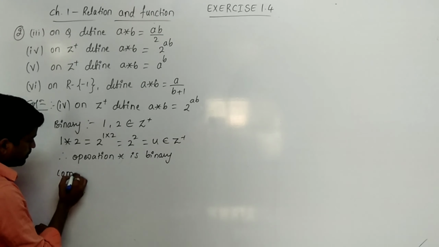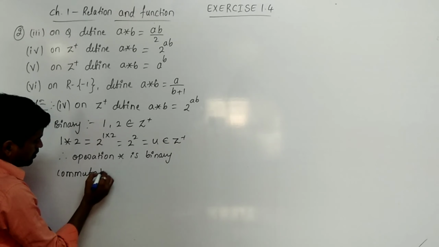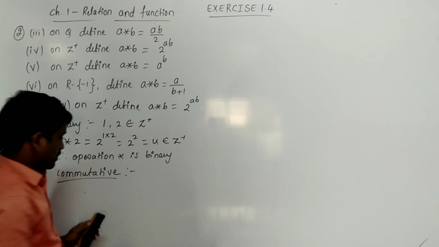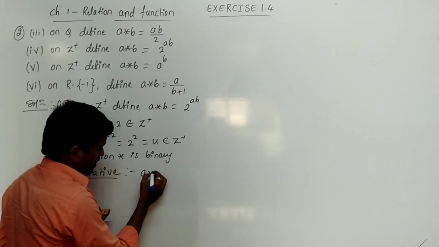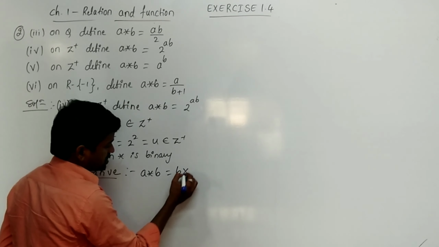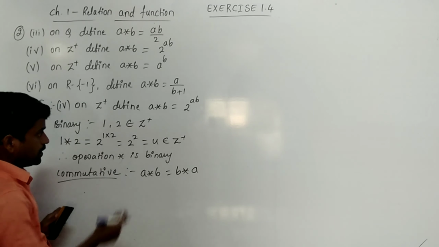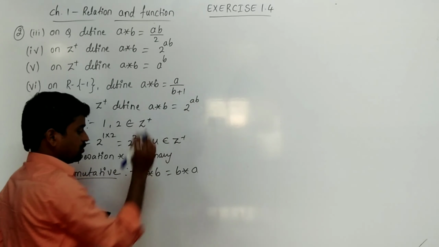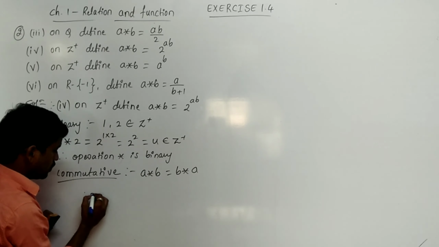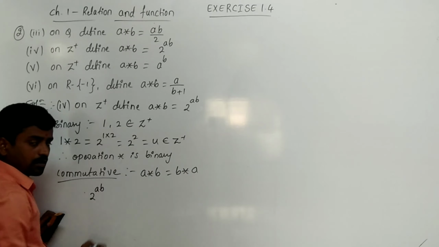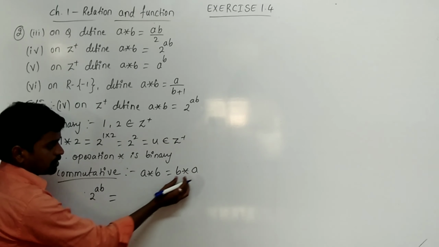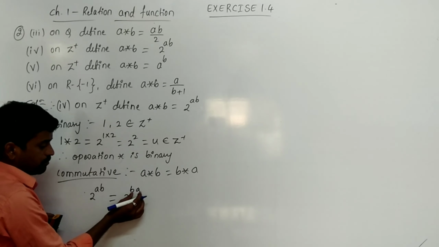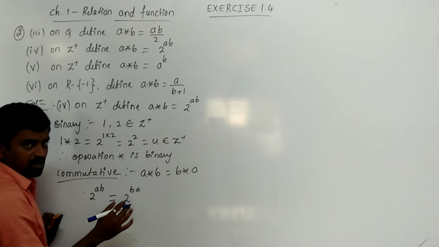Next, commutative. The commutative formula is a star b equal to b star a. a star b, star is defined by 2 to the power of a into b. a star b is 2 to the power of a into b, equal to b star a, which is 2 to the power of b into a. b into a is nothing but again a into b.